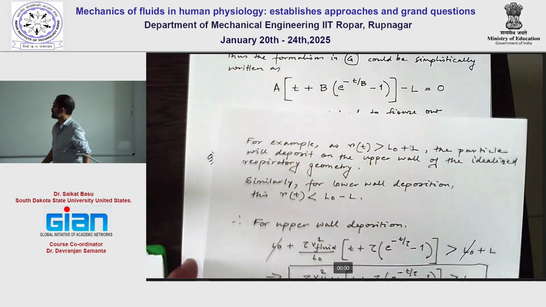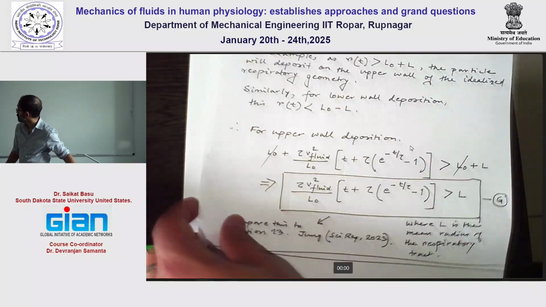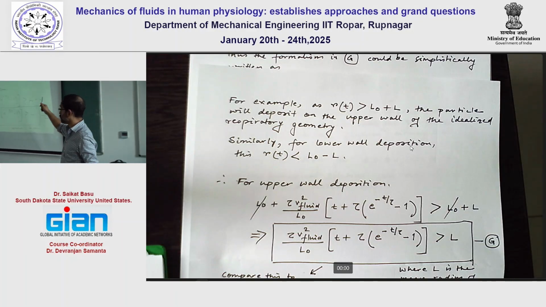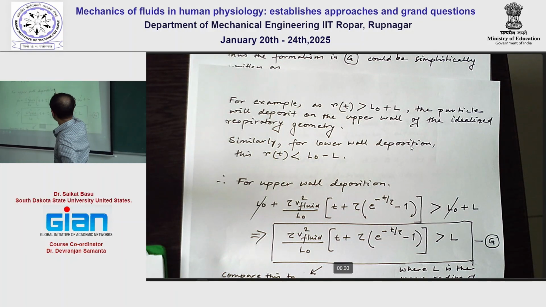So this is where I was discussing this, right? We got this G, and the conditions for upper versus lower wall depositions are up there. So T greater than L0 plus L is upper deposition, and L0 minus L is lower deposition.